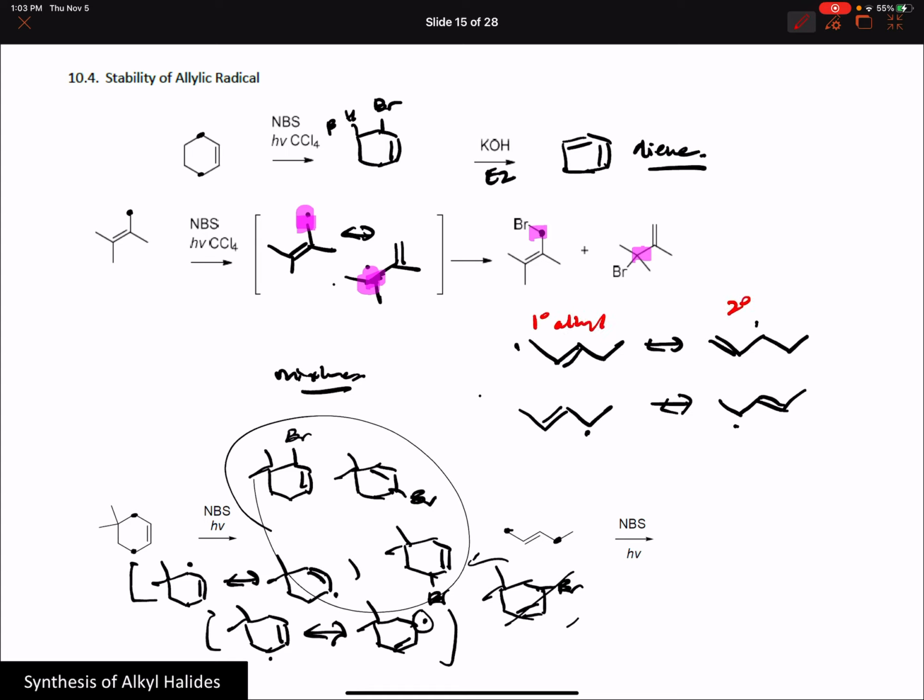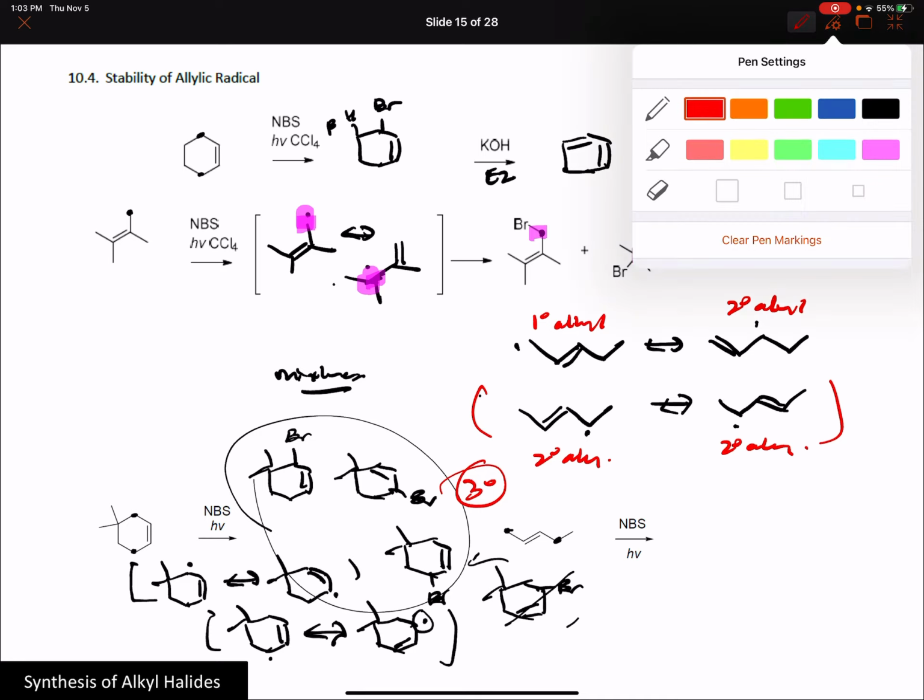This one is secondary allyl, this one's secondary allyl, and this one's secondary allyl. If you compare it, this pair of resonance structures, I'm air quoting right now, is more stable, and that's going to lead to the major product. Secondary is slightly more stable than primary. If you had a tertiary one in there at all, you're going to use that one. Tertiary radicals, tertiary carbocations are super stable.